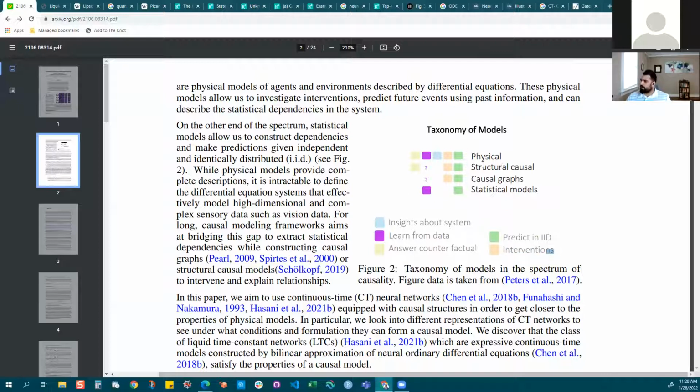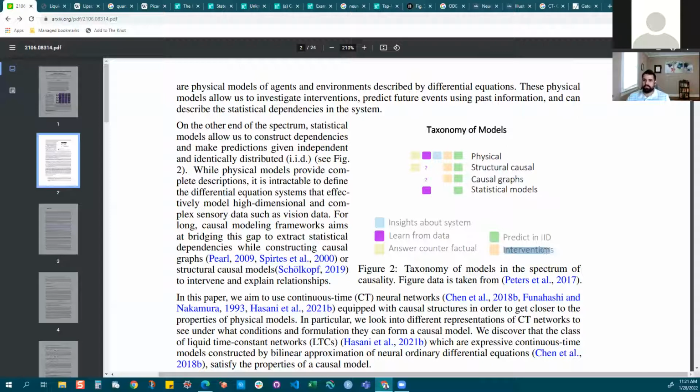Then we have structural causal models that satisfy almost all of them, with the exception of insights about the system. They do not provide that insight as a physical model does. And then we have causal graphs that do not answer counterfactual questions. They just provide insights about interventions.